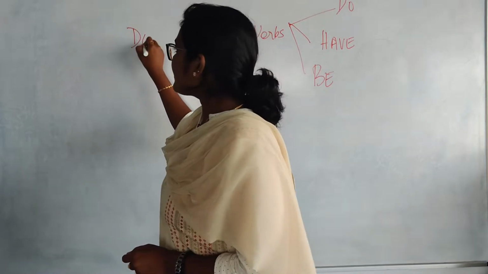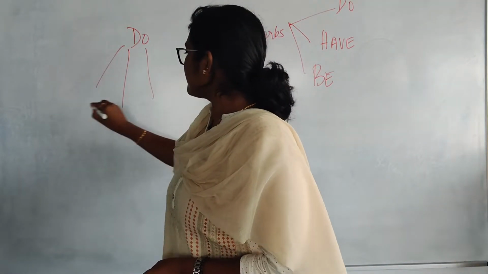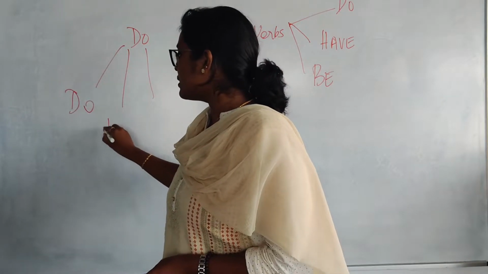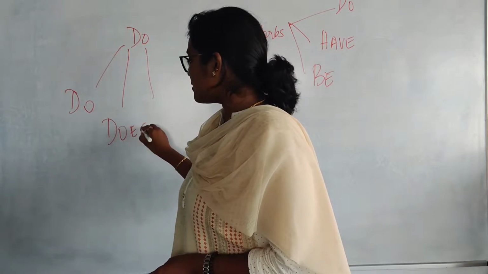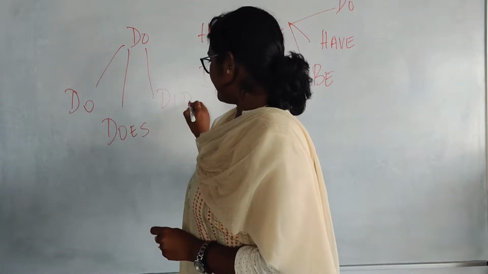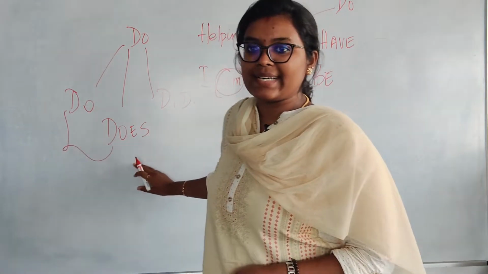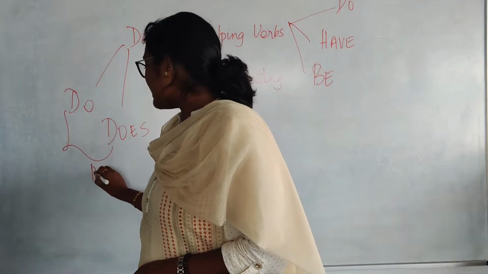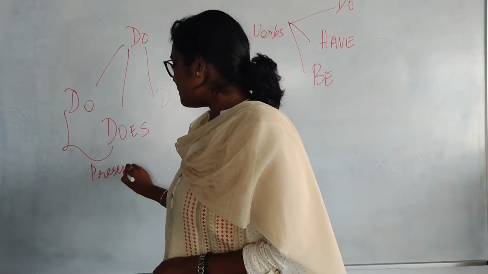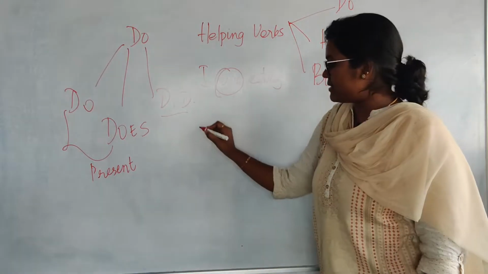The do form itself consists of three different verbs under it: do, does, and did. Among the three, do and does represent the present form, and did is used for the past tense.